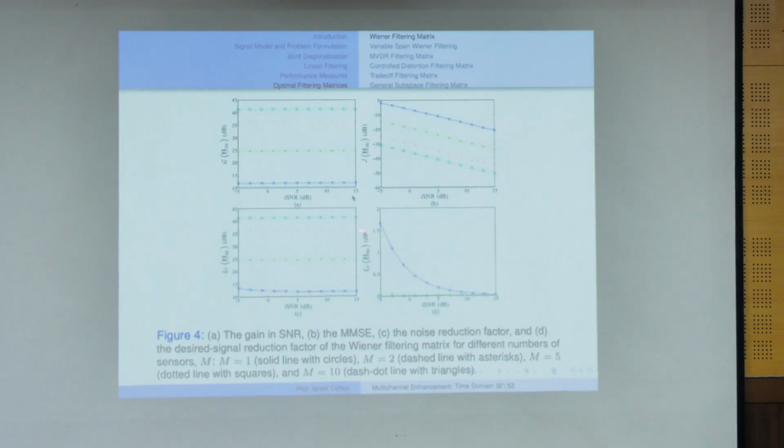Regarding the distortion, you see there is a big jump in the reduction of the distortion when we go from one sensor to more than one sensor, 2 or more. You see, there is a big jump. Why is that?